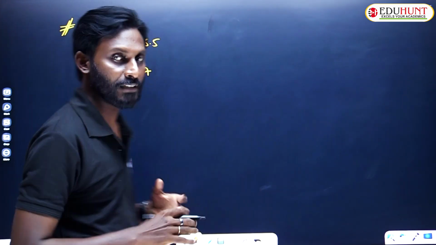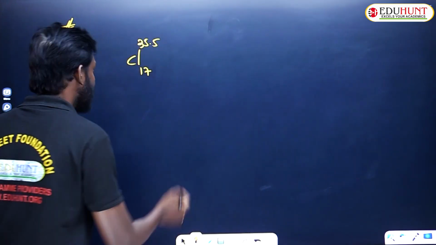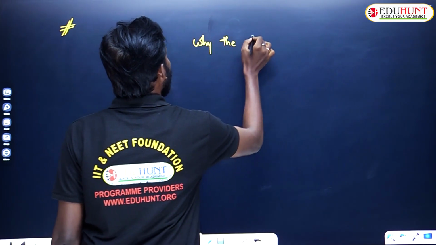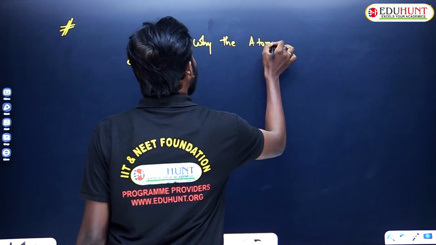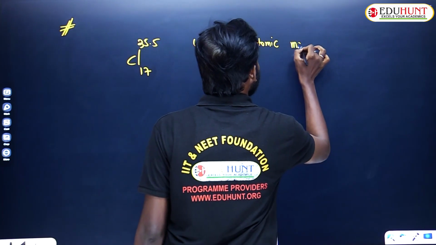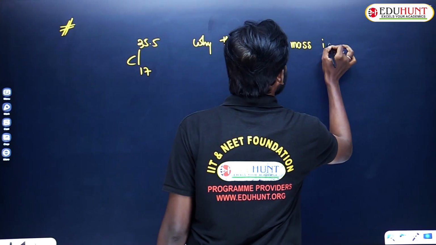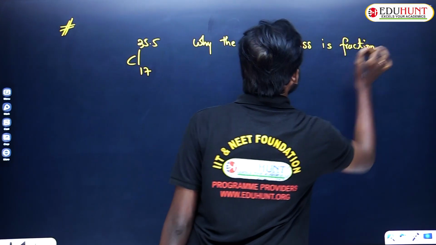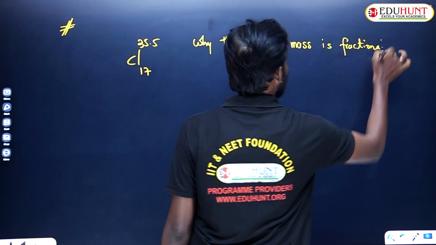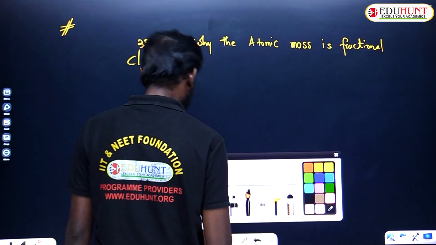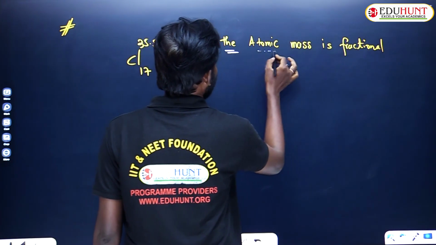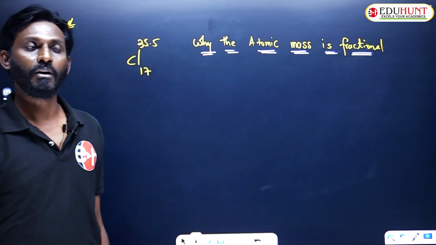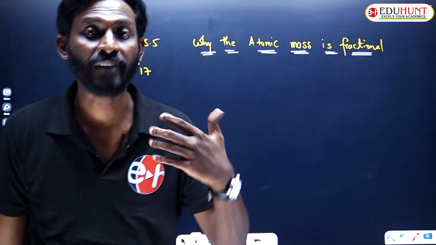Now definitely a student will get the doubt, sir, why is the atomic mass fractional? This can be our heading. Today's topic of discussion is, in the periodic table, why is the atomic mass fractional?